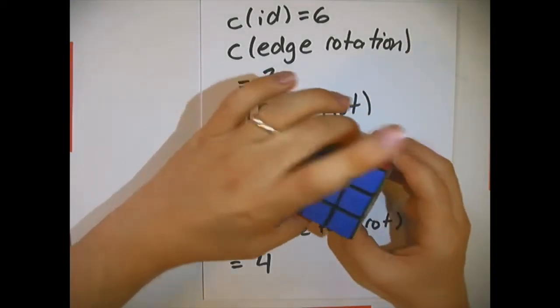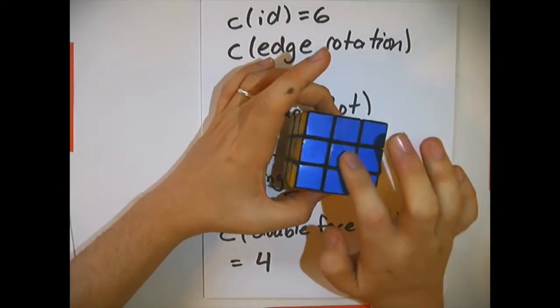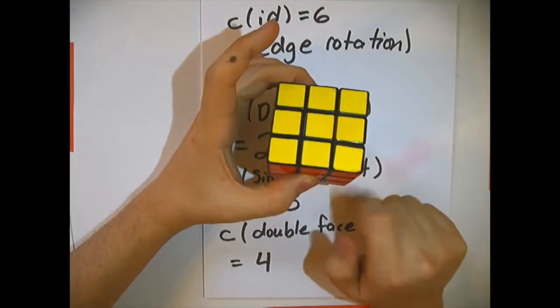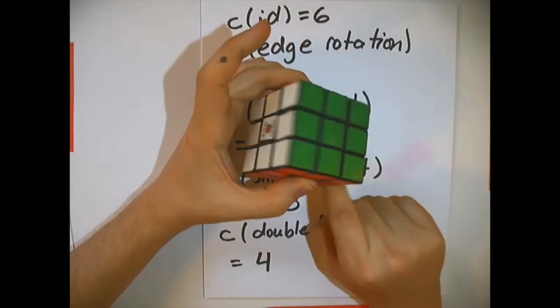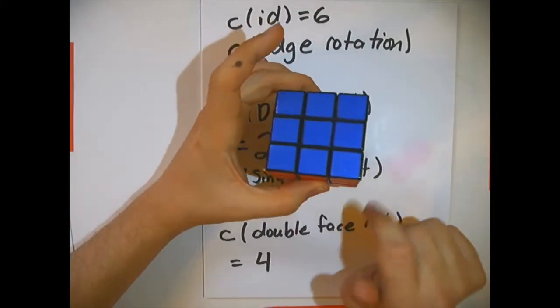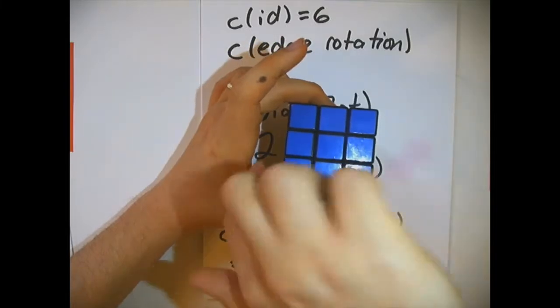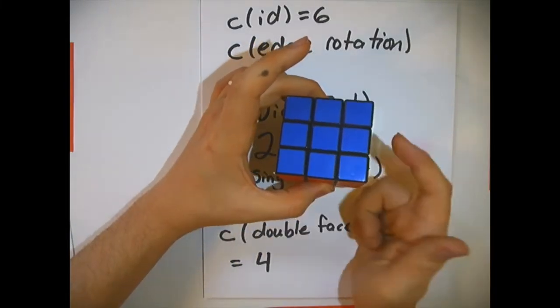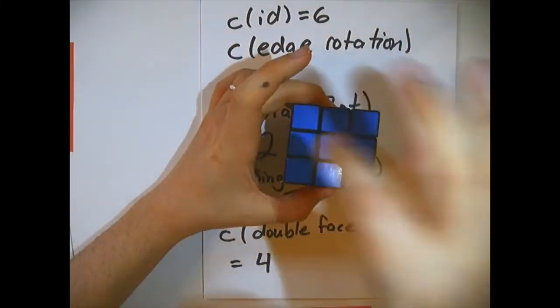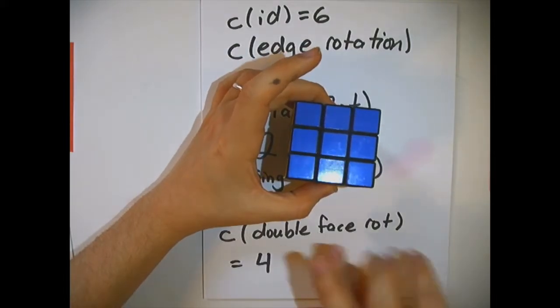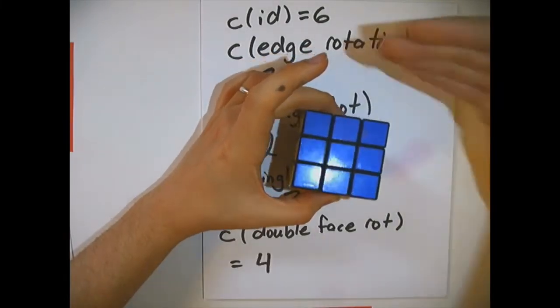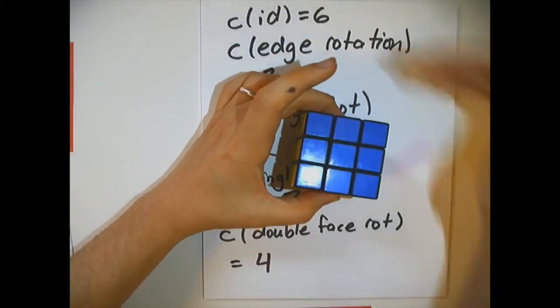So when I take a single face rotation, what's going to happen is that the blue piece is going to go there. If I do it again and again and again, and so what's happening is the blue face is traveling all the way around the cube and occupying the space of all of the faces other than this one on this side and this one on this side. Okay.